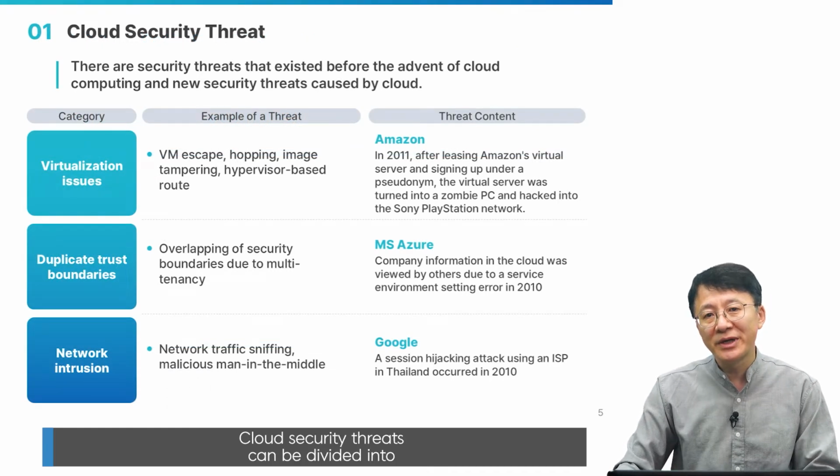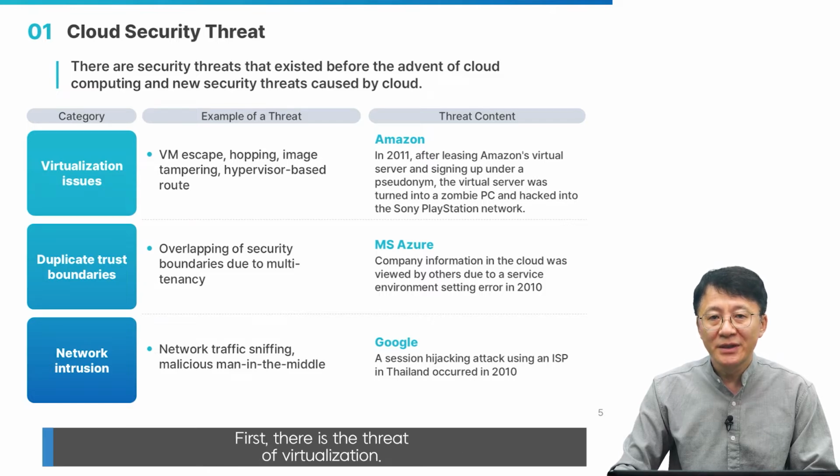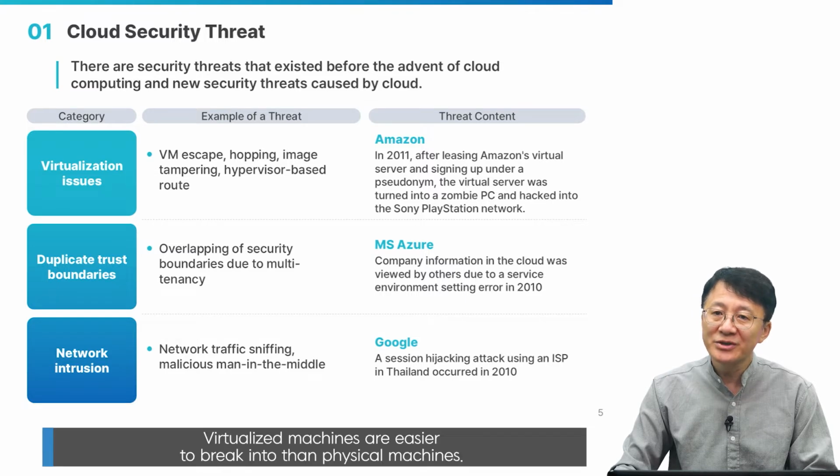Cloud security threats can be divided into threats that existed before the cloud and the new threats posed by the cloud. First, there is the threat of virtualization. Virtualized machines are easier to break into than physical machines.